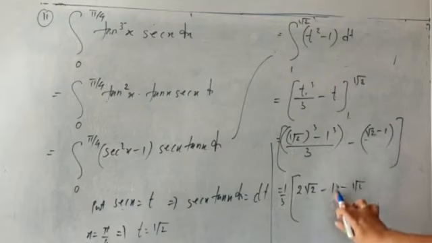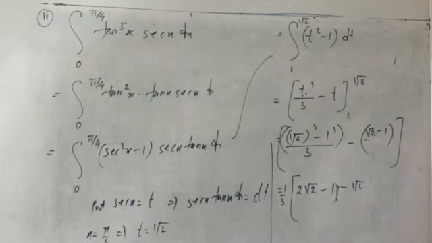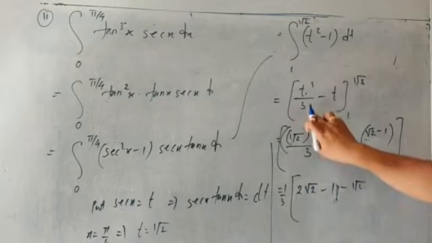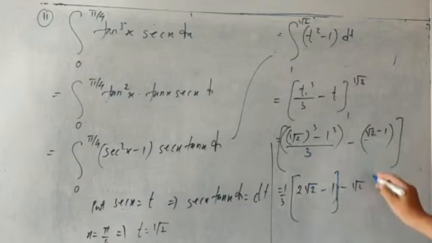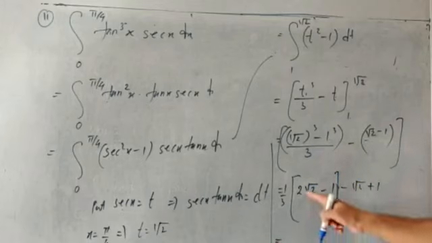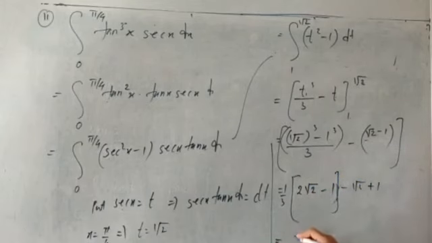Is this 3 only for the first one? Yes, it is only for the first one. So it is minus of minus, plus 1. Simplify it further. You can take the LCM as 3. So it is 2 root 2 minus 3 root 2 plus 3.